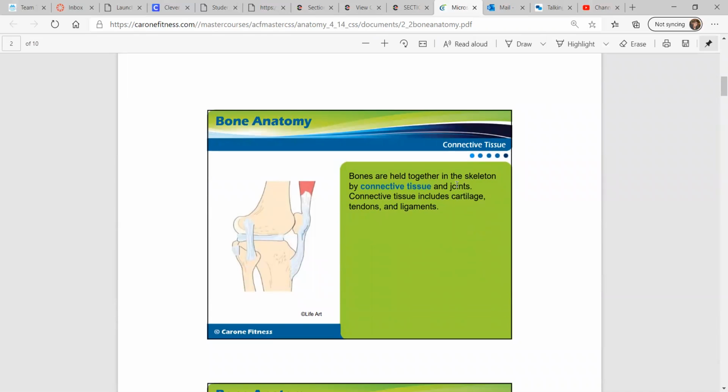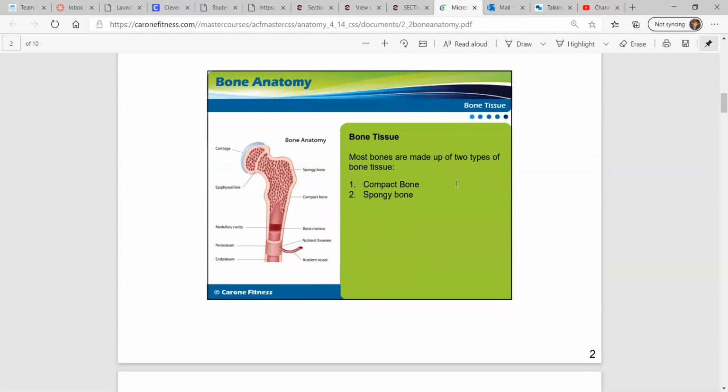Bones are held together in the skeleton by connective tissue and joints. Connective tissue includes cartilage, tendons, and ligaments. Bone tissue. Most bones are made up of two types of bone tissue: compact bone and spongy bone.